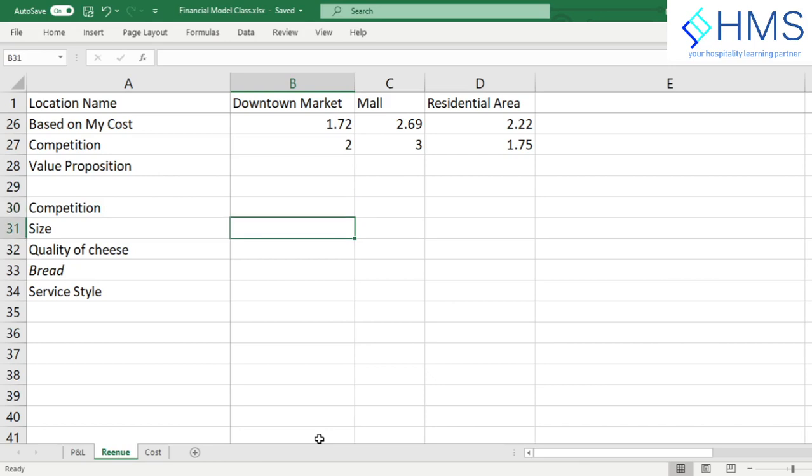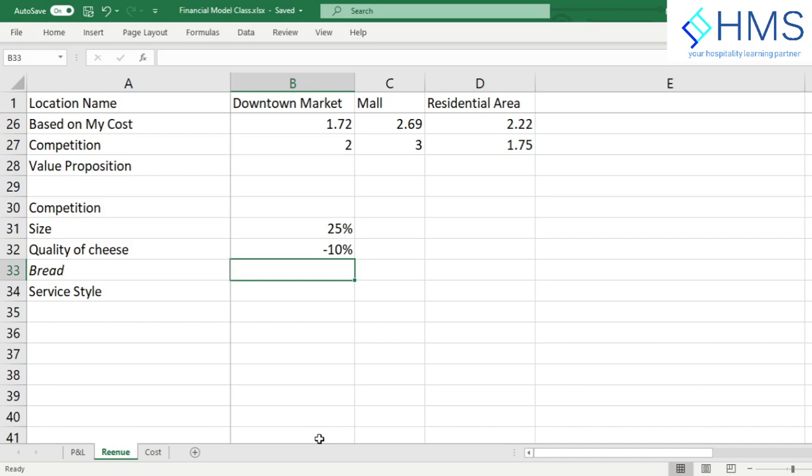Let's say if your size is bigger by 25%, it means you can charge a markup of 25%, right? If the quality of cheese is better at the downtown market competitors, and the difference in the price of cheese is usually, let's say, 10%, you can say, okay, my cheese is not as good as the competition, so I cannot charge the same price, I need to charge 10% lower.